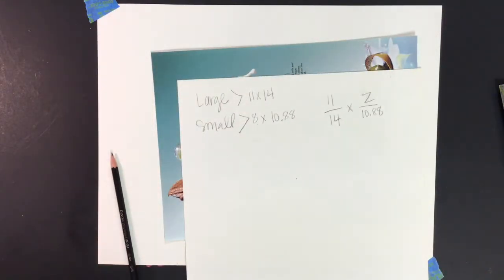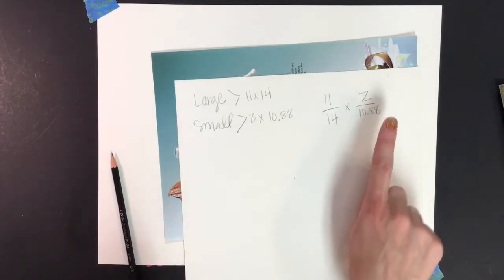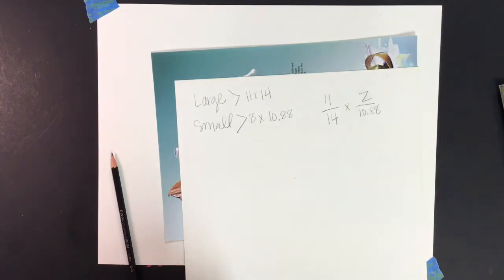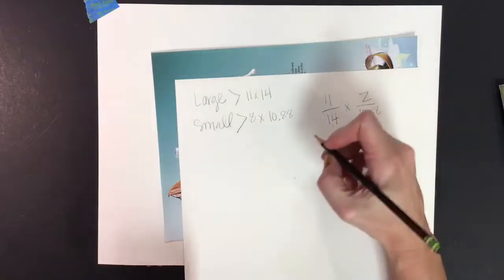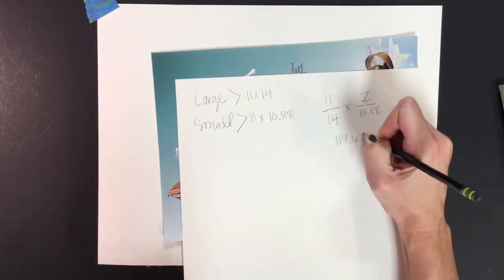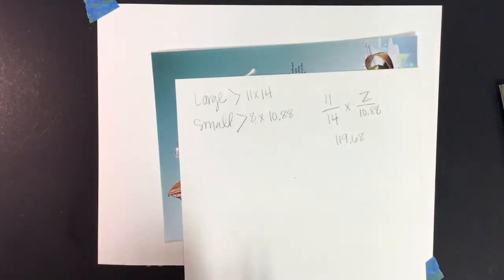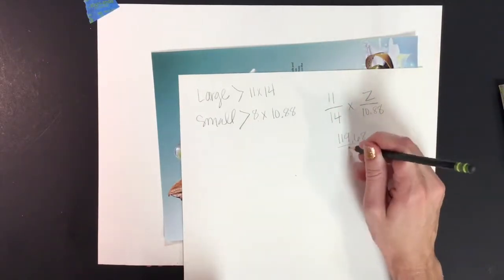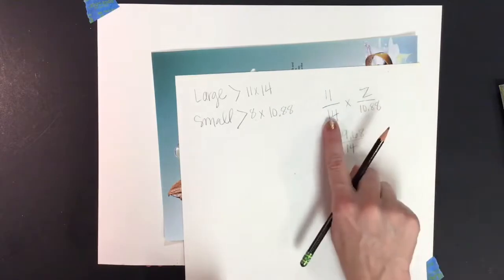So what we're gonna do is our cross multiplication. We multiply 11 times our 10.88, which is 119.68, and then divide it by the other number, 14.